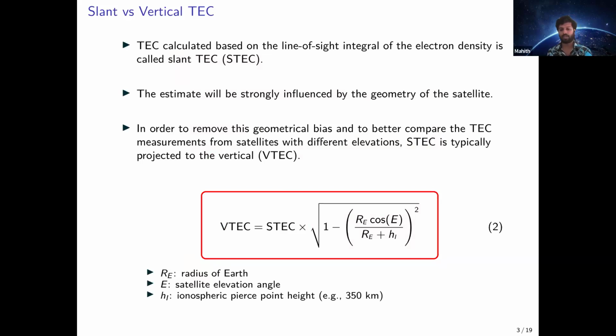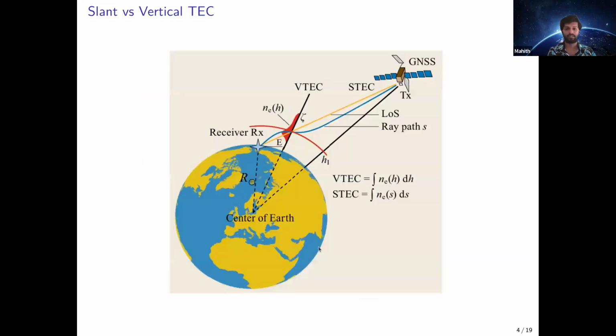The main disadvantage, I would say, is you are not free to adjust the IPP, or the Ionosphere Pierce Point. All the data that we download from Madrigal is already made available there, assuming that the ionosphere is present at an altitude of 350 kilometers. So if you have a really strong aurora happening at a lower altitude, then this assumption is not valid.